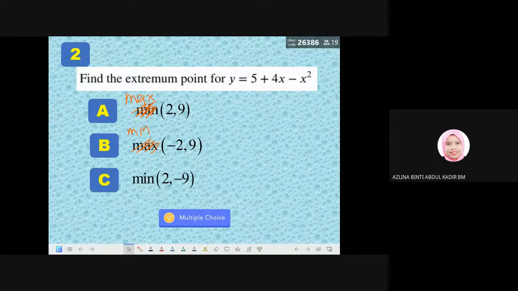Lepas tu baru kita discuss. Find the extremum point for y is equals to 5 plus 4x minus x squared. A tu maximum 9, B minimum negative 9, C minimum 9. Okay, start from now.